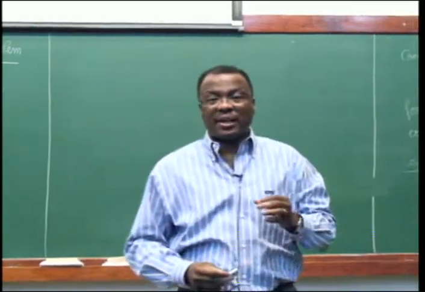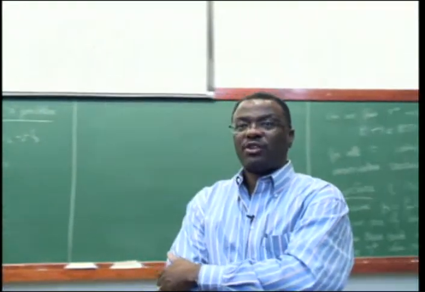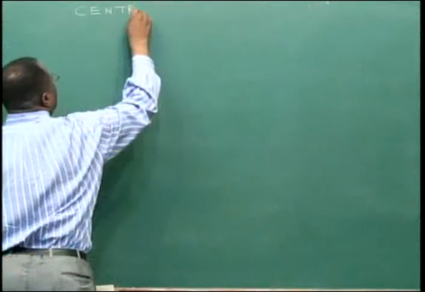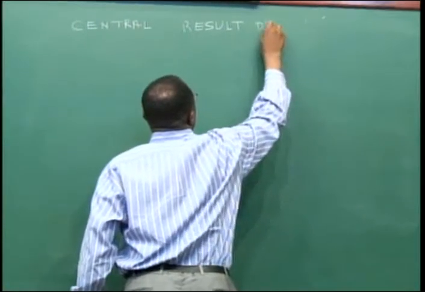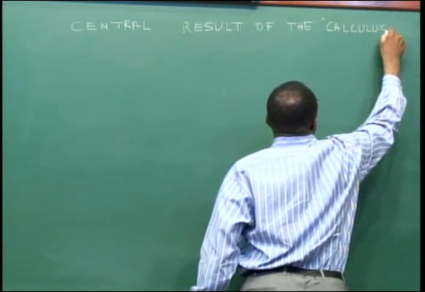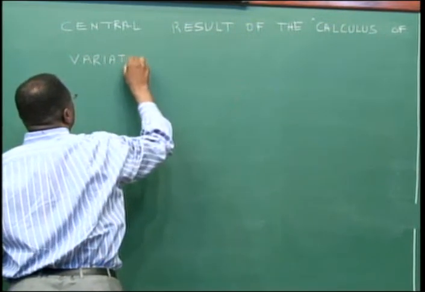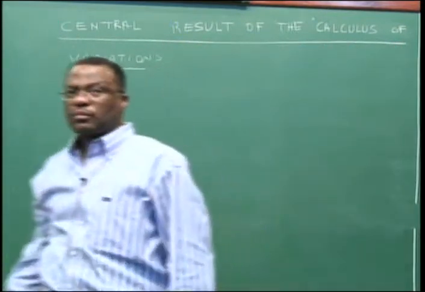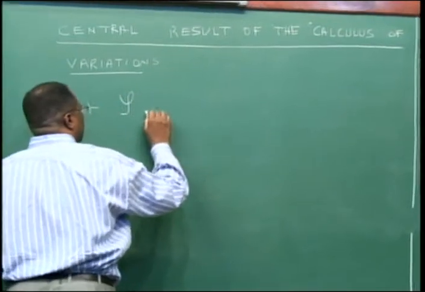So I am going to state a central result in the calculus of variation, and then we will check that it doesn't apply here. Central. So let S be a metric space.